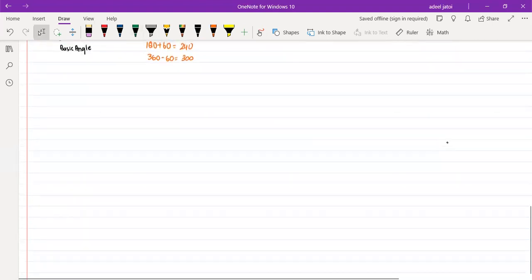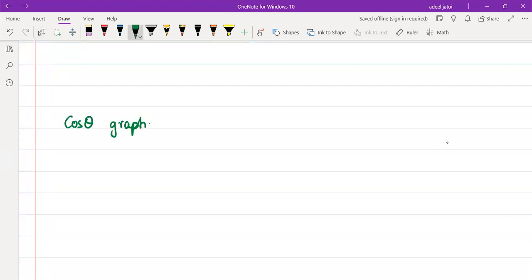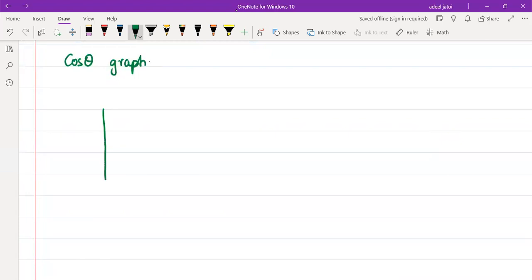So to understand the cos theta graph, we need to have axes.